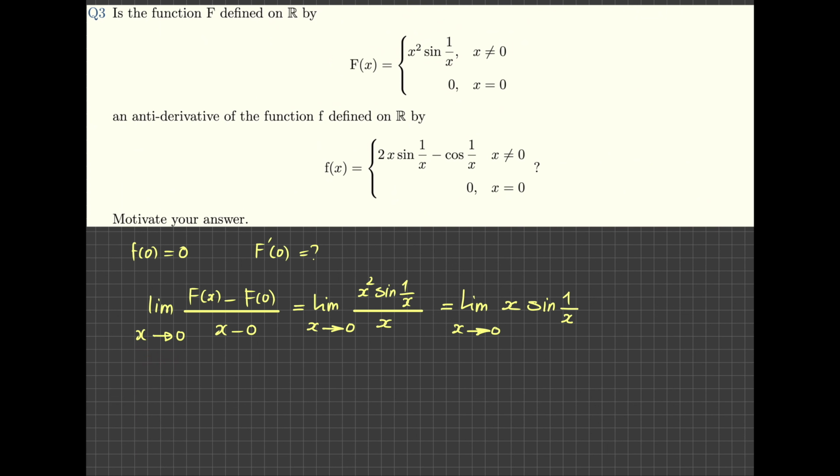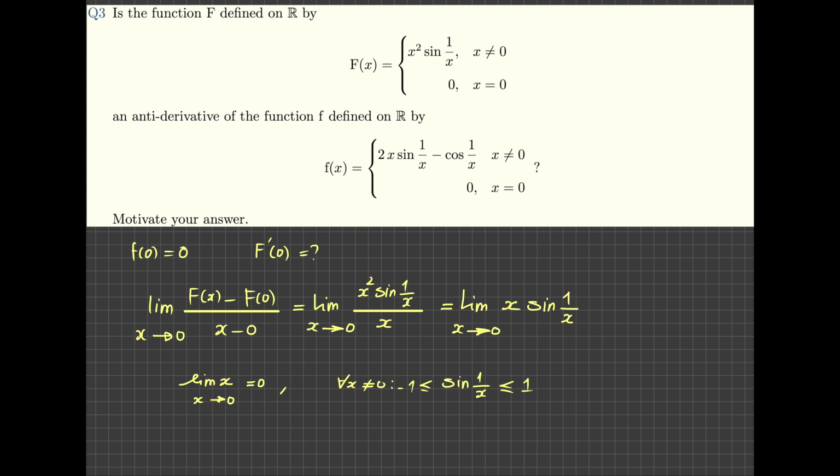Okay, but this limit is equal to 0. Why? Because the limit of the first part when x goes to 0 is 0, and the second function is a bounded function. So for all x which are not equal to 0, we can say that sine of 1 over x is between 1 and minus 1.